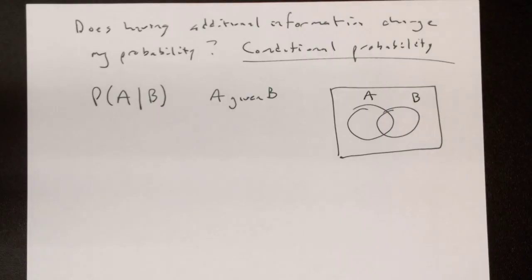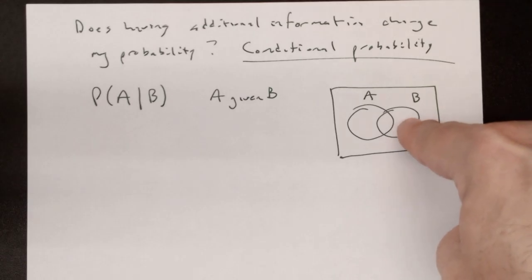The chance of A would ignore the B circle altogether, wouldn't it? I would pay no attention to the B circle and say, how many things are in A, how many things are in the whole universe? But I'm already giving you the information B has happened. B is true. That changes my universe. Because now I know I'm already in this circle.